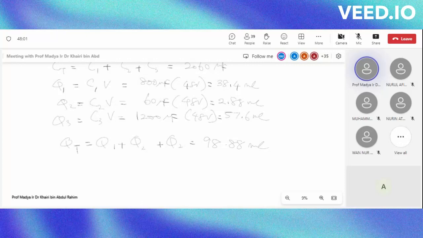So that is series and parallel capacitive network, okay? Right.